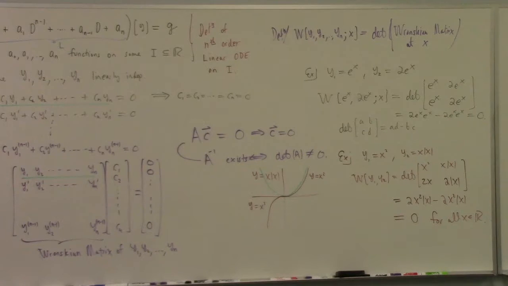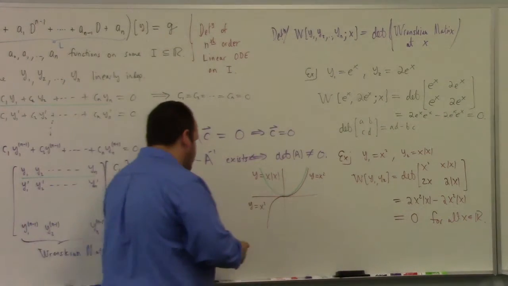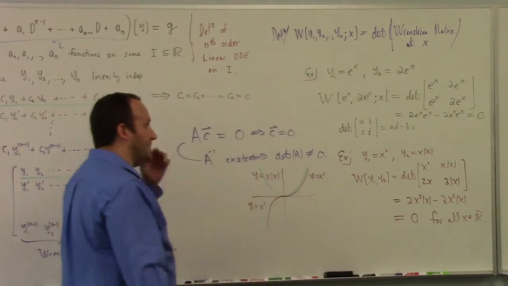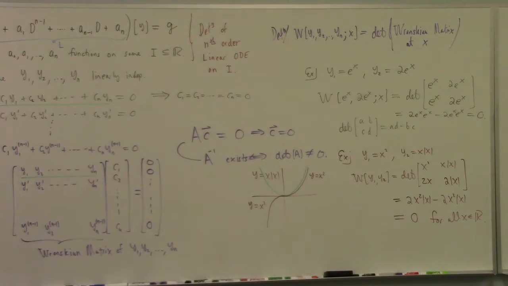Well, the Wronskian being non-zero implies linear independence in general. That's not subtle. We work that out. But when the Wronskian is 0 for a solution set to a differential equation, that does imply linear dependence. That comes from what's known as Abel's theorem, which I have proved in the notes.